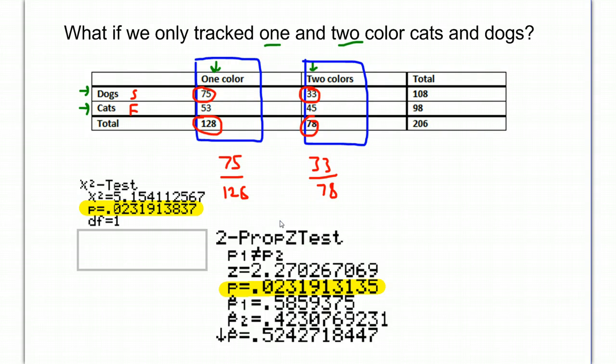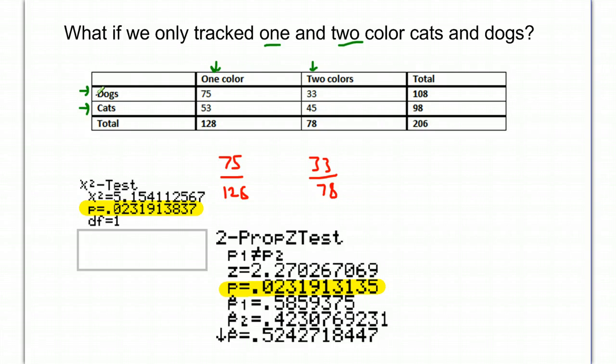So our 2-prop z-test, if we break it down this way, would get us these results. Let's break it down a totally different way for a second. Instead of dogs and cats being success versus fail, let's look at the 2 separate proportions as dogs is 1 proportion and cats is another. And let's arbitrarily say that 2 colors means that you're successful and 1 color would be failure.